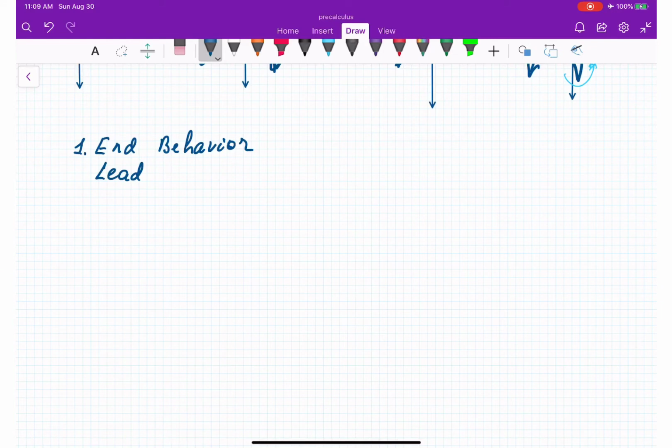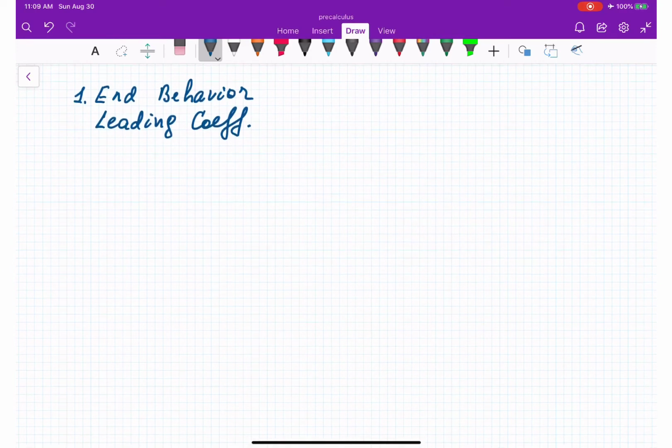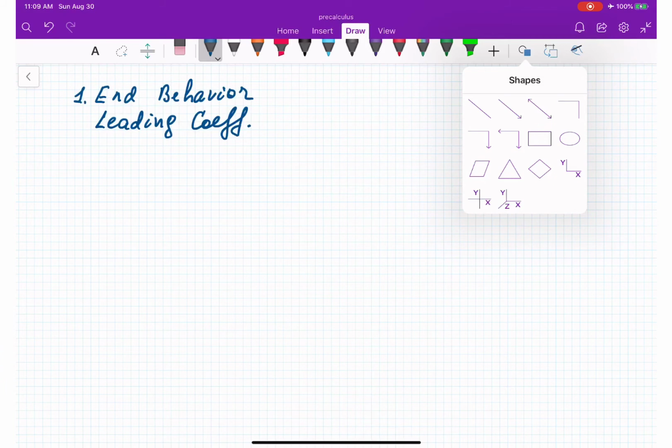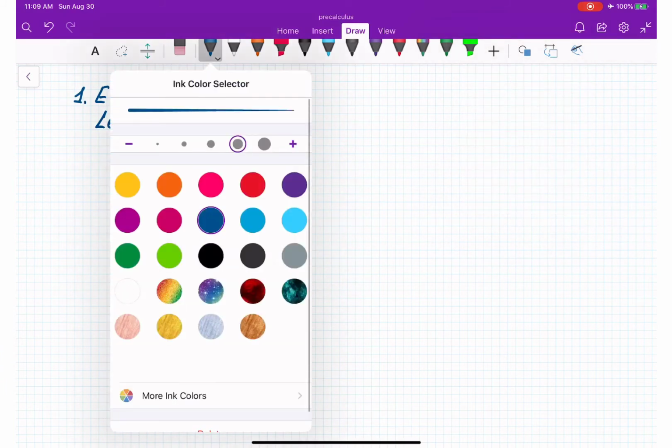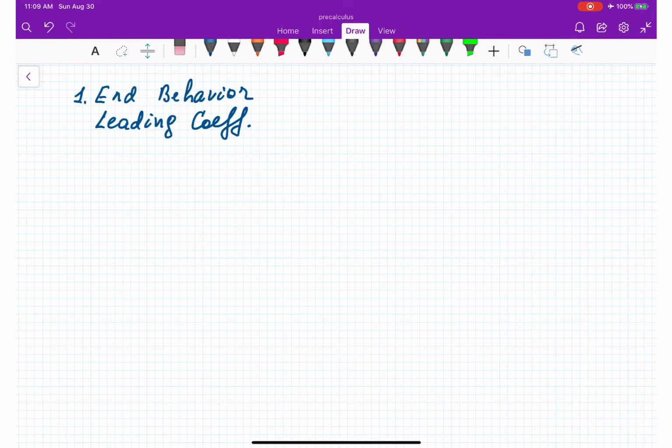They are kind of tied up, they work together. Okay, leading coefficient. So I will need this graphing axis. I will need this one.